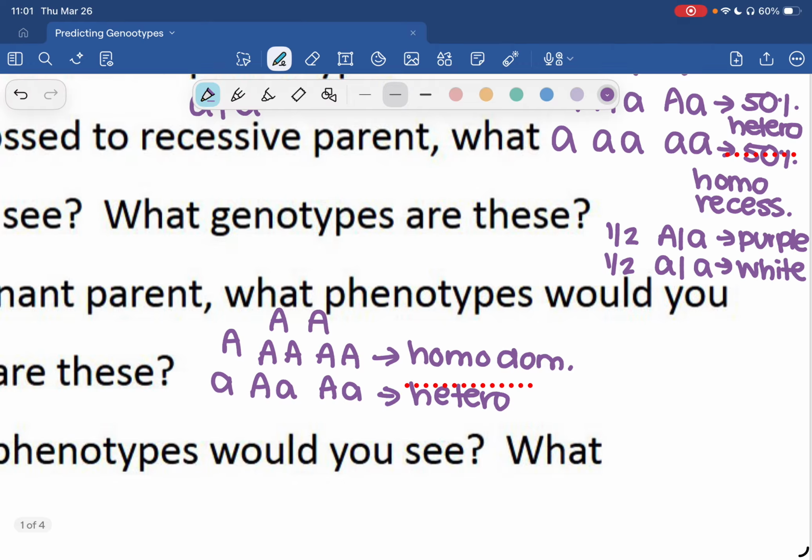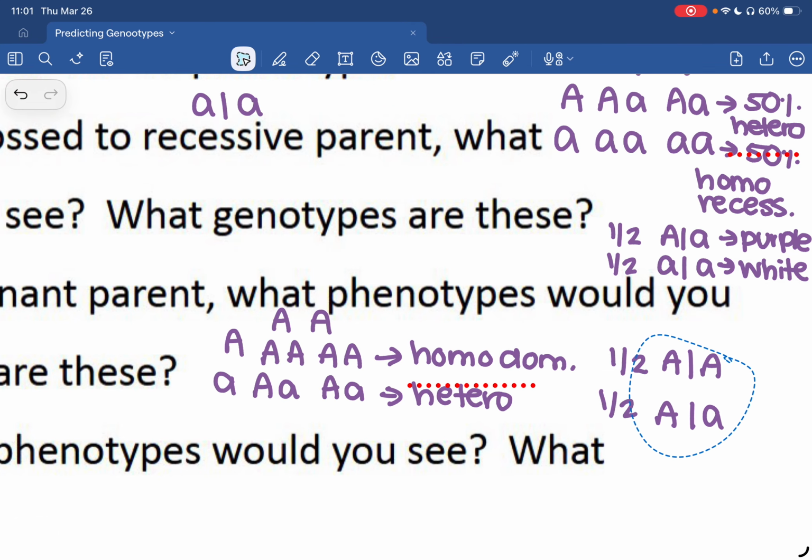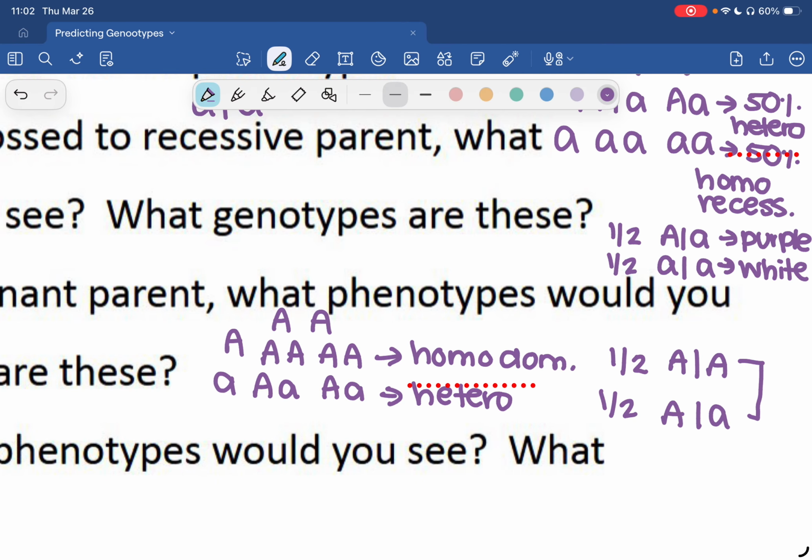So I would say 1/2 is big A, big A, and then the other half is big A, little a. And then, of course, do their phenotypes, but both of these, your homozygous dominant and your heterozygous individuals, appear the same, so they are both going to come out as purple, because they're showing that they have that dominant allele.